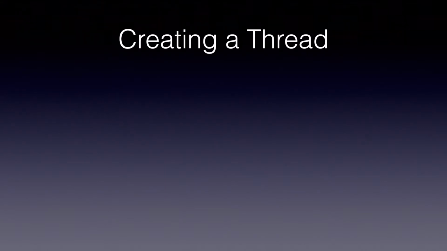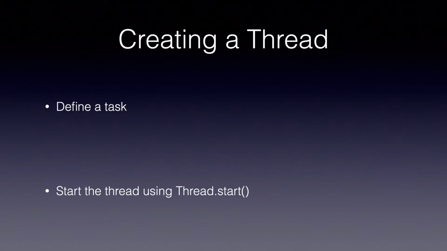Now let's see the process of creating a thread. Creating a thread is a two-step process. In the first step, we define a task that a thread will do. And in the second step, we start the thread using thread.start. And then the thread will start doing the work that we just defined.